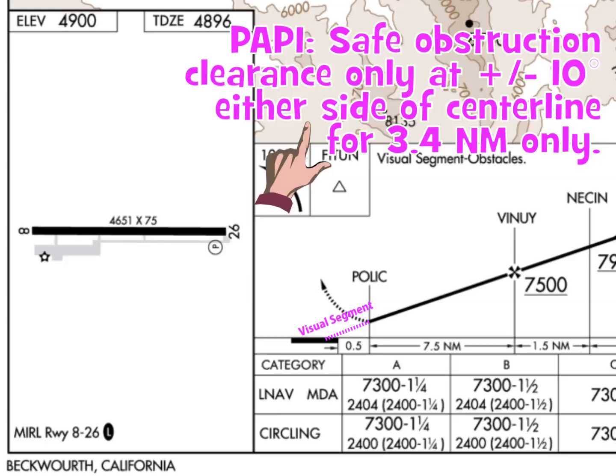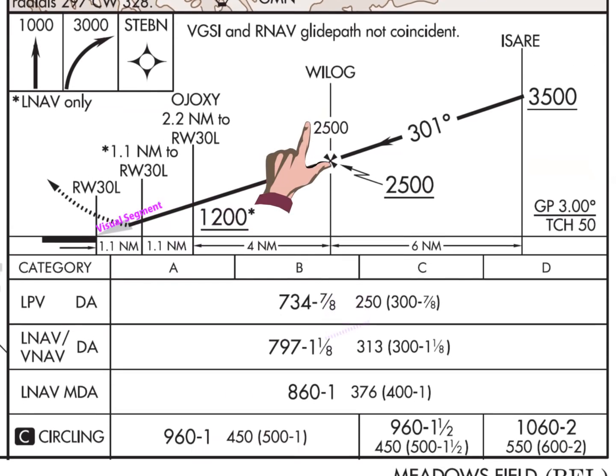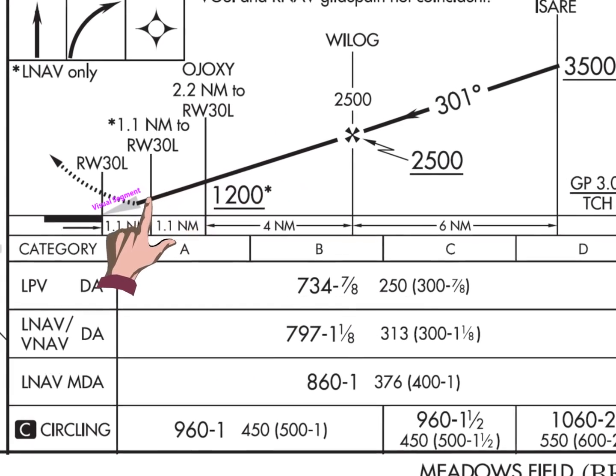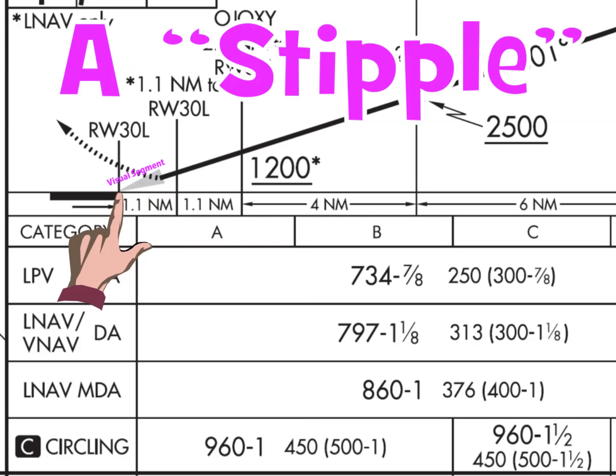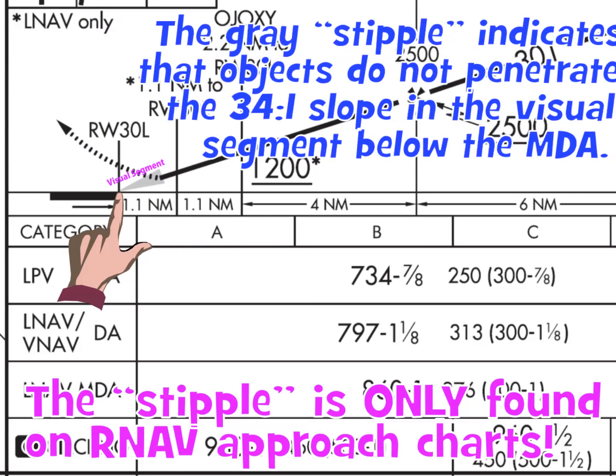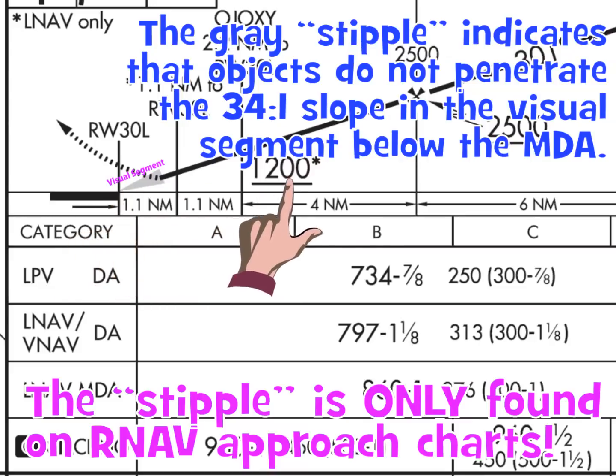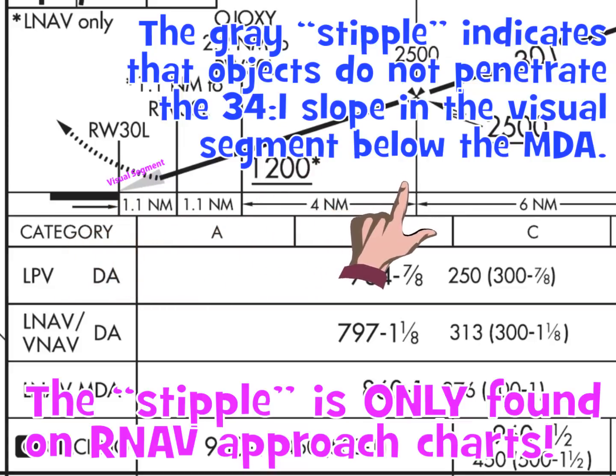Now here is another thing you should understand about the visual segment and the visual descent angle on a non-precision instrument approach. On RNAV approaches, the presence of a gray sloped arrow, sometimes called a stipple, from the MDA to the runway symbol indicates that obstacles do not penetrate the 34-to-1 slope in the visual segment below the MDA.